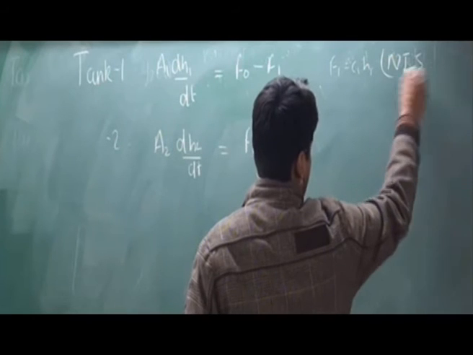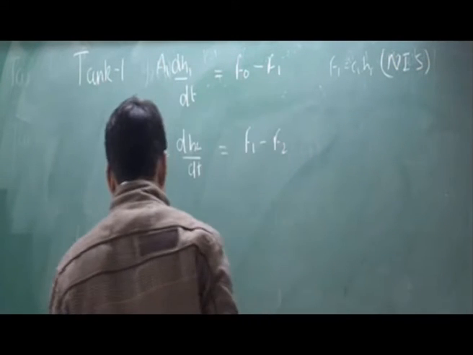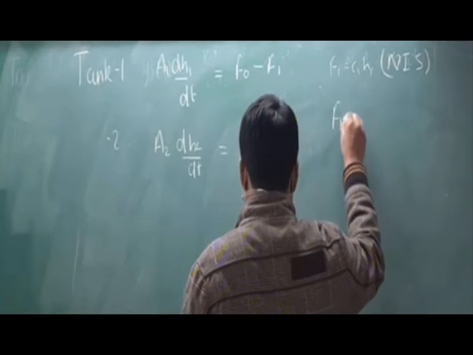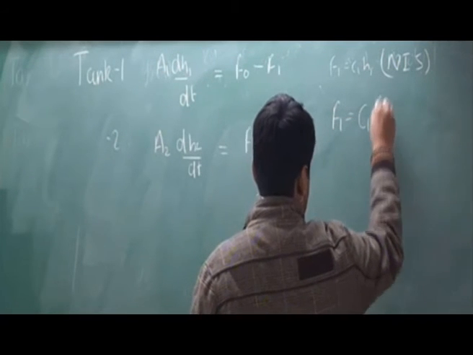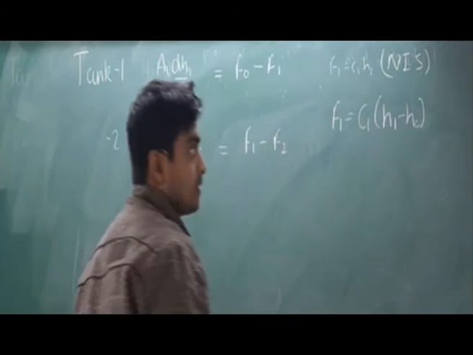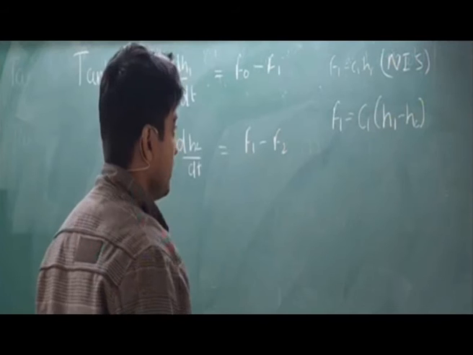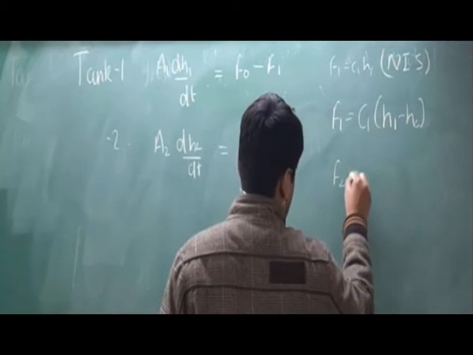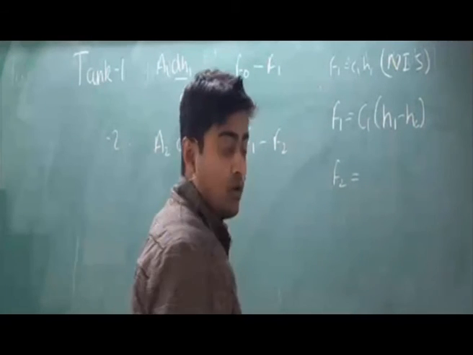Let's represent them by NIS. But here in this case F1 will be given by C1 of H1 minus H2. But F2 is going to remain the same because there's only an output flow.